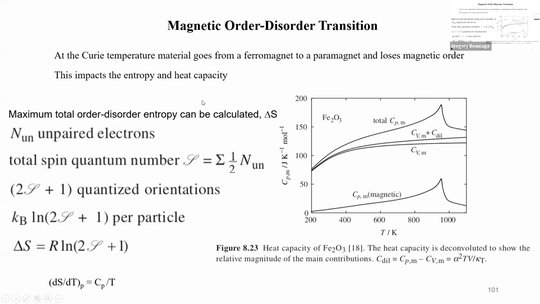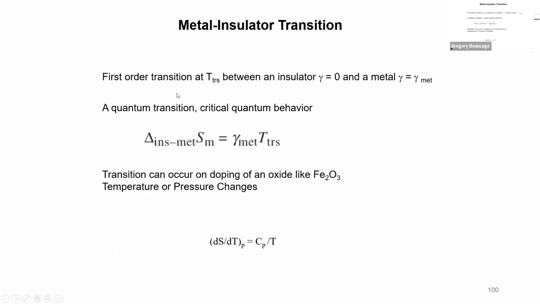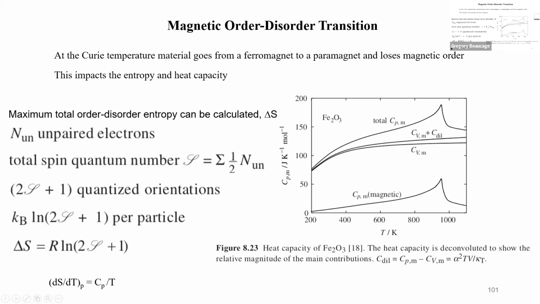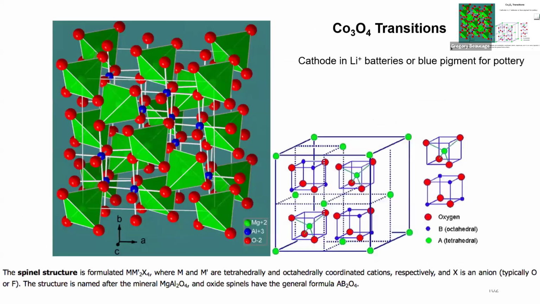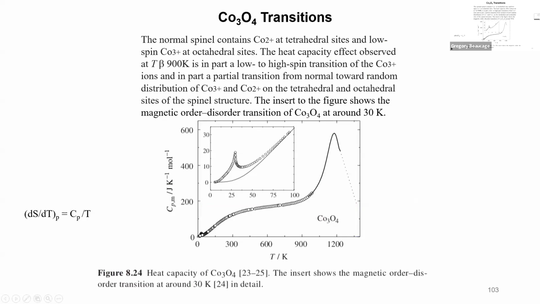So this has 2 topics to it. One topic is the metal insulator transition, the other topic is this magnetic order-disorder thing. And then in this cobalt oxide material, you transition from tetrahedral to octahedral metal atoms. So it's not a crystal transition, but a kind of transition state transition for the metals, which gives rise to a peak also.